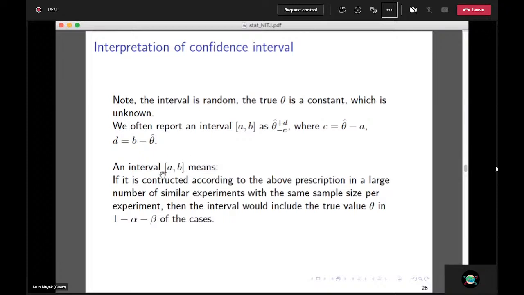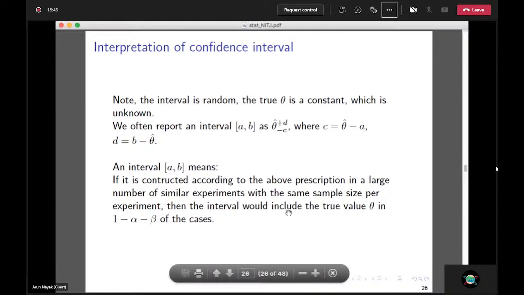It means that if you construct such intervals according to this prescription in a large number of similar experiments with the same sample size per experiment, then the interval would include the true value of theta in 1 minus alpha minus beta fraction of cases.